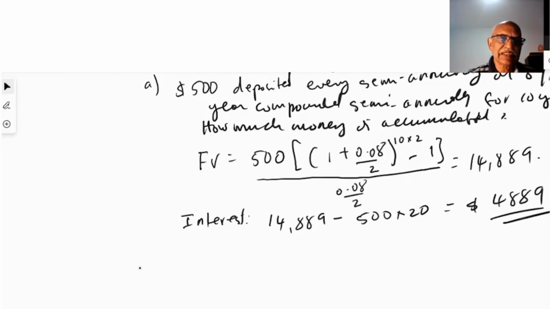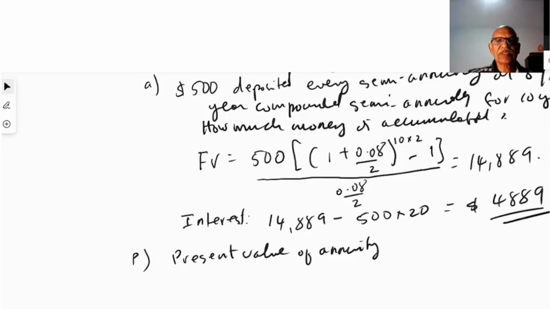Okay, so let's see now the present value of an annuity. This is a different formula, because what I'm saying here is how much should I deposit now in order to withdraw a certain amount of money every month or every year after a certain number of years.